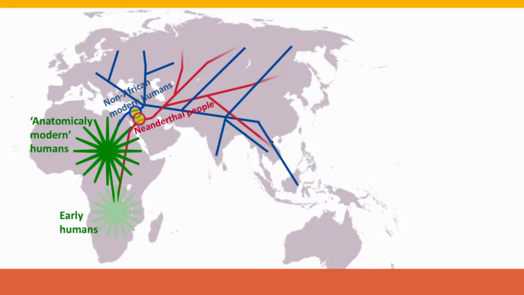And again, in Southeast Asia, the anatomically modern humans that were moving across Asia again encountered Neanderthals, and again they mated with them, had children, and their children became part of the population that was extending into Southeast Asia.